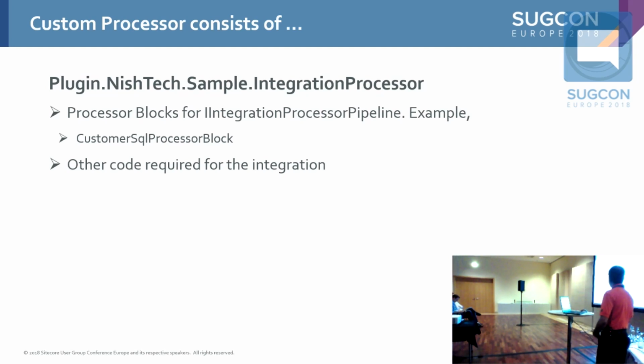We will show that in this case we are loading customer data. It can be product, it can be anything, it can be order. It's just another processor block we added in the integration processor project. So this is a sample.